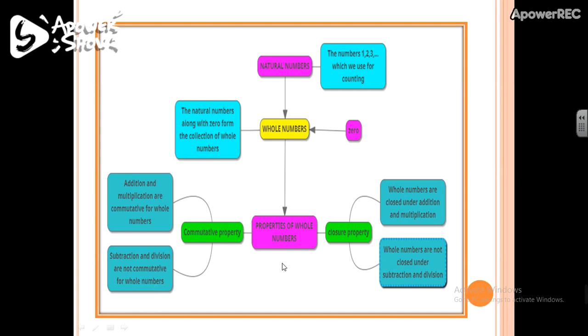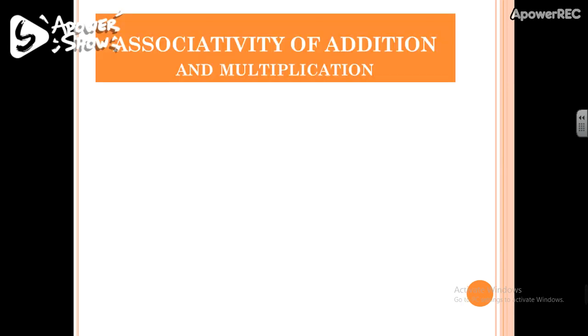Now in this session we are going to learn one more property of whole numbers, and that property is known as associative property. So let's see what associative property states. We are going to learn about associativity of addition and multiplication.